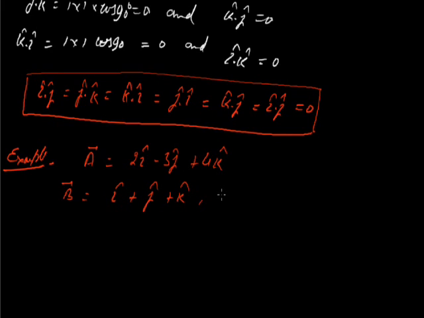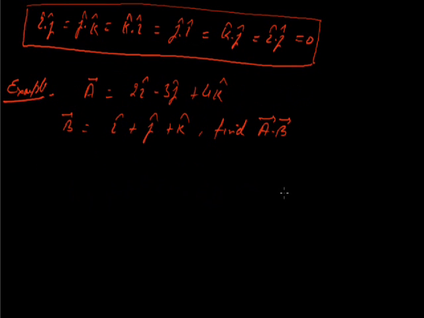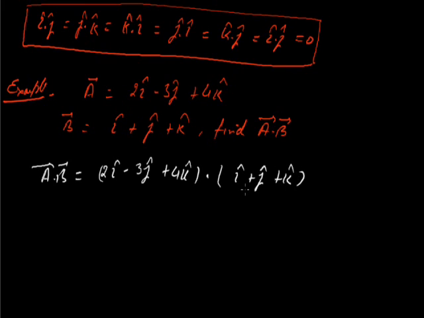Find A dot B. A dot B is 2i minus 3j plus 4k dot i plus j plus k. Here we will multiply only i dot i, j dot j and k dot k. The rest will be 0 because i dot j, k dot j and i dot k are all 0. So we will multiply here only.